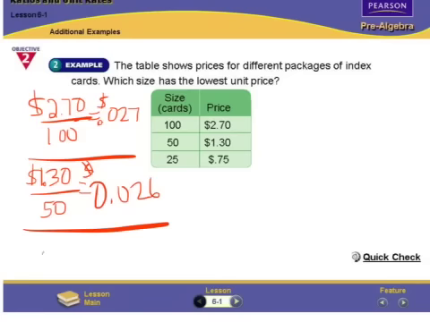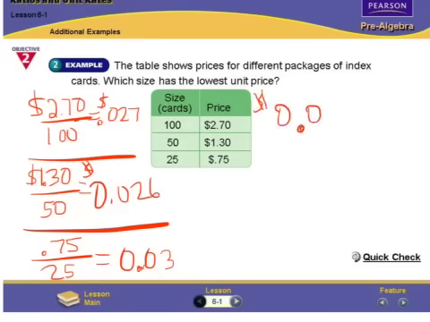And the last one, we have 75 cents divided by the 25 cards. And when we divide that out, you will get 0.03. So what we have to decide here is which one has the lowest unit price.